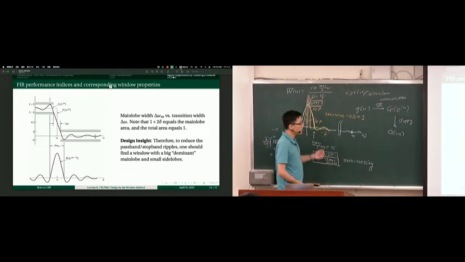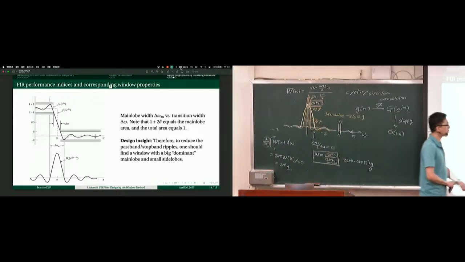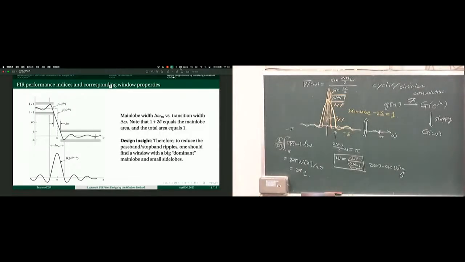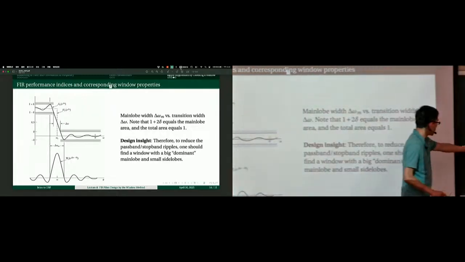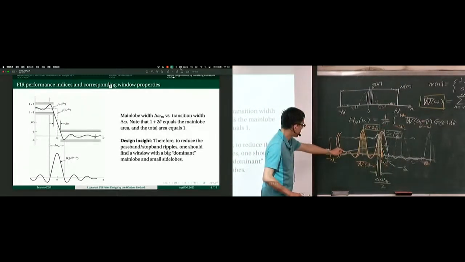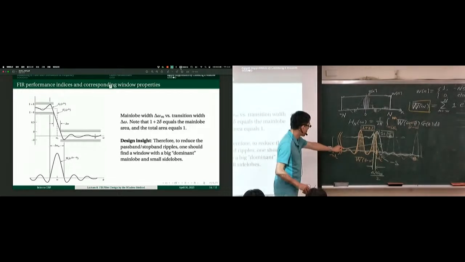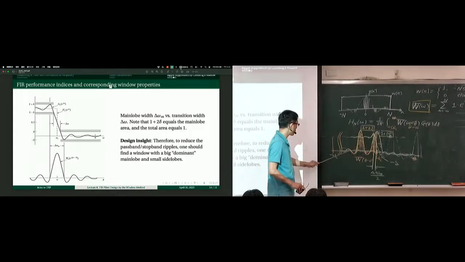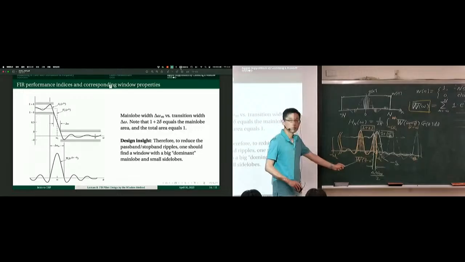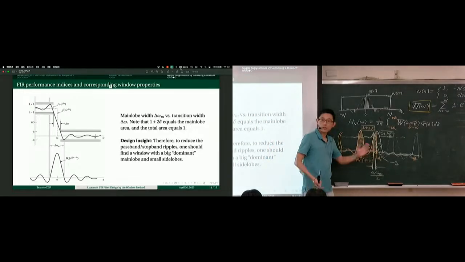So when that happens, when we come back to this plot, the left-hand half area, when the middle of the main lobe moved to the cutoff frequency, now this area should be around 1/2, between minus cutoff frequency and plus cutoff frequency. Approximately, if this main lobe width is much narrower than the cutoff frequency right there.